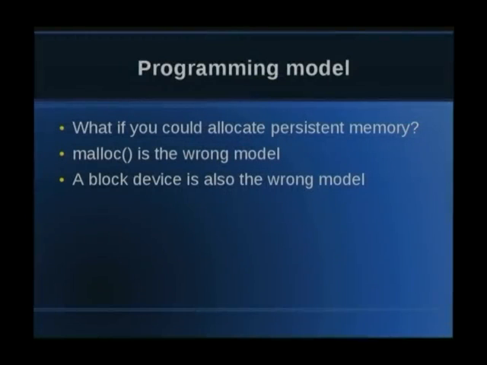Given that malloc is the wrong answer, the next thing people often talk about for exposing persistent memory is to create a block device. And then, okay, you can open up that block device, and somehow you know exactly where on that block device your memory was stored, and so you can mmap it. But that works only if all applications on the same machine cooperate so that they don't either inadvertently or maliciously overwrite each other's data.